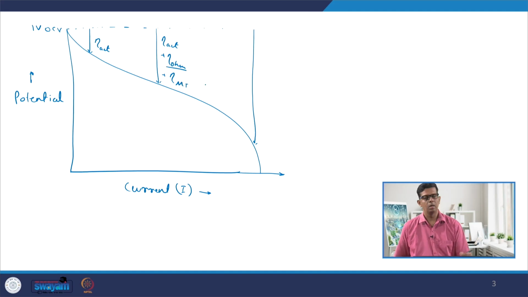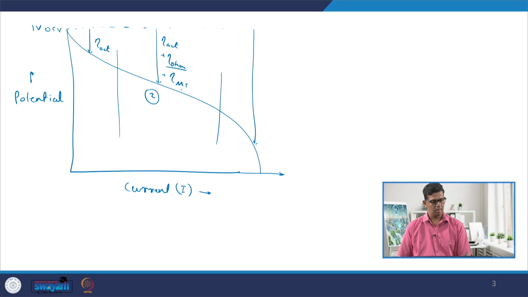out of which in the second case the ohmic zone dominates, and it does not mean that the other two losses are not present there. In the second zone, both of these losses are present, that is activation loss as well as mass transfer loss, but only the second one, that is ohmic loss, dominates here. In the first case even the other two losses are also present, plus eta mass transfer.